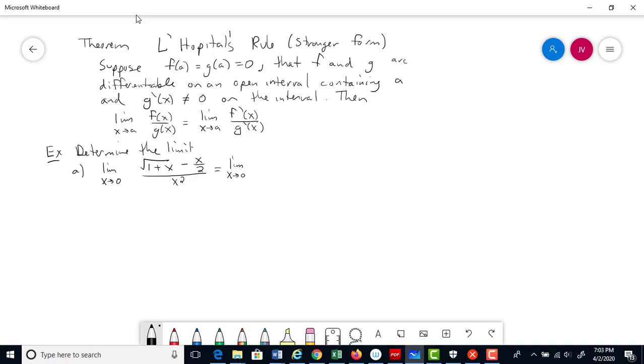So this is the limit as x approaches 0 of, well, the derivative of the top. We just went through this. This is 1/2 times 1 plus x to the minus 1/2. And then this is just minus 1/2. That's the derivative of x over 2, because it's 1 over 2 times x. So that's the derivative of the top. The derivative of the bottom is equal to 2x. Now, before we do anything, we're going to simplify, and then we're going to see what we have to do next.